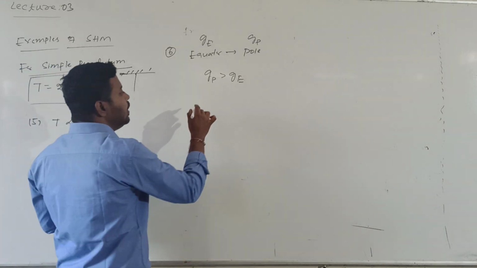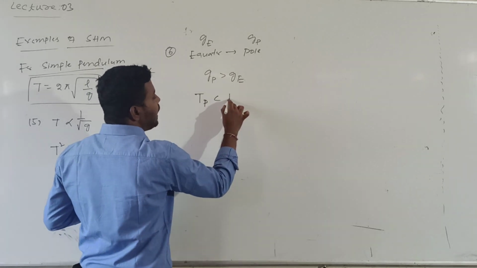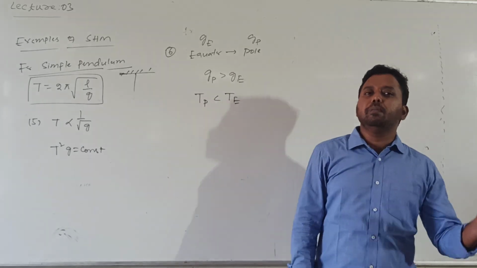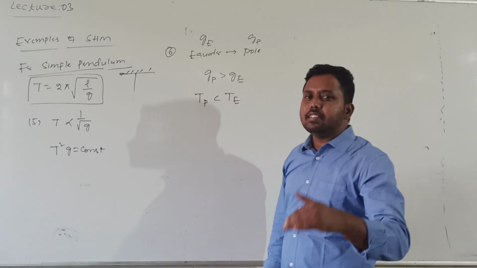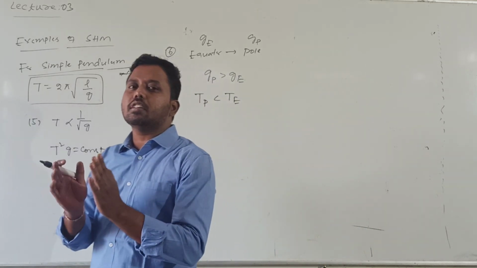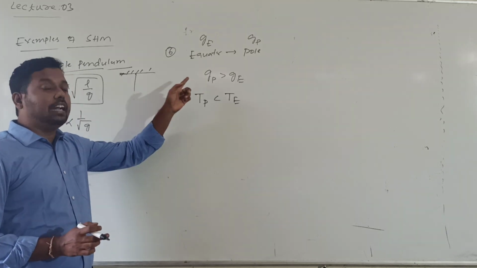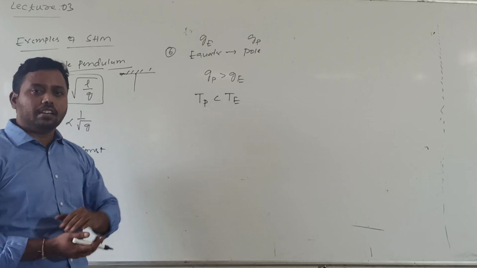Due to that reason, the time period of a simple pendulum at the pole is less than the time period at the equator. Whenever a simple pendulum is taken from the equator to the pole, a decrease in the acceleration due to gravity causes the time period to increase, and an increase in the acceleration due to gravity causes the time period to decrease.